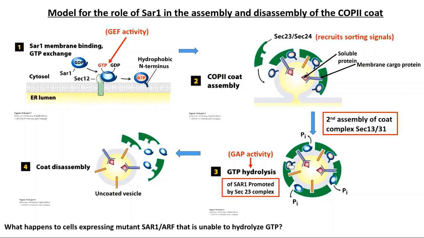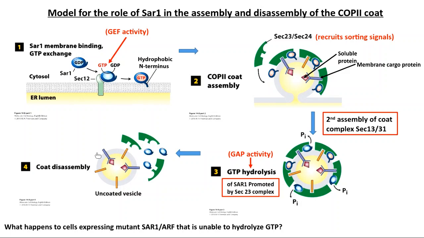So the Sec23, which is recruited by SAR1, actually helps in the hydrolysis of the bound GTP. Once it hydrolyzes the GTP, it provides enough energy to depolymerize all these coat proteins around the vesicle. Now this becomes an uncoated vesicle after the coat disassembly.